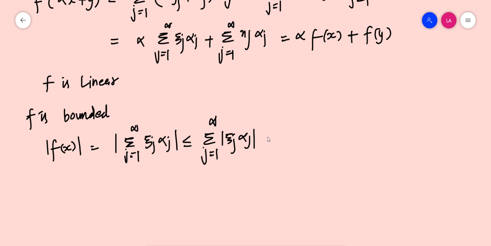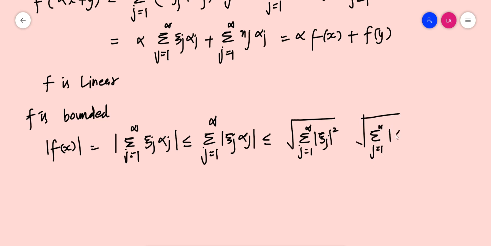Now by the Cauchy-Schwarz inequality, this is less than or equal to square root of summation j is equal to 1 to infinity modulus of theta j the whole square, times square root of summation j is equal to 1 to infinity modulus of alpha j the whole square.